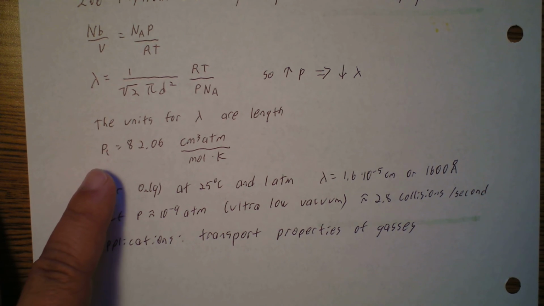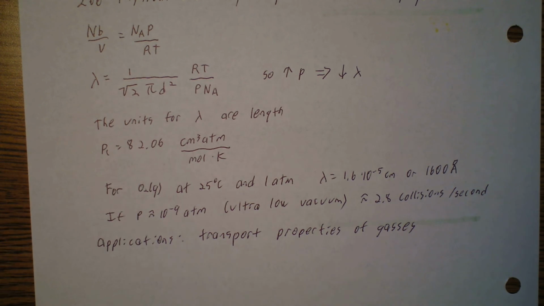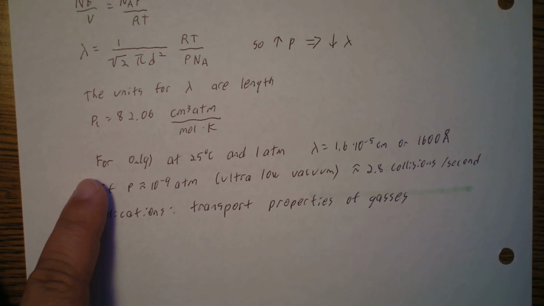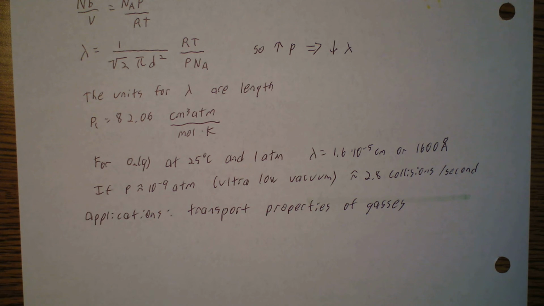The gas constant R is just 82.06 centimeters cubed atmosphere divided by mole Kelvin. So if we have diatomic oxygen gas at 25 degrees Celsius and 1 atmosphere, then lambda turns out to be just 1.6 times 10 to the negative 5 centimeters, or about 1,600 angstroms.